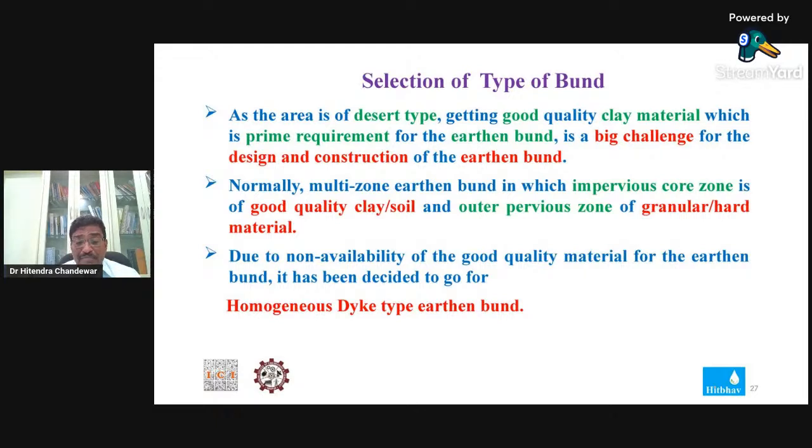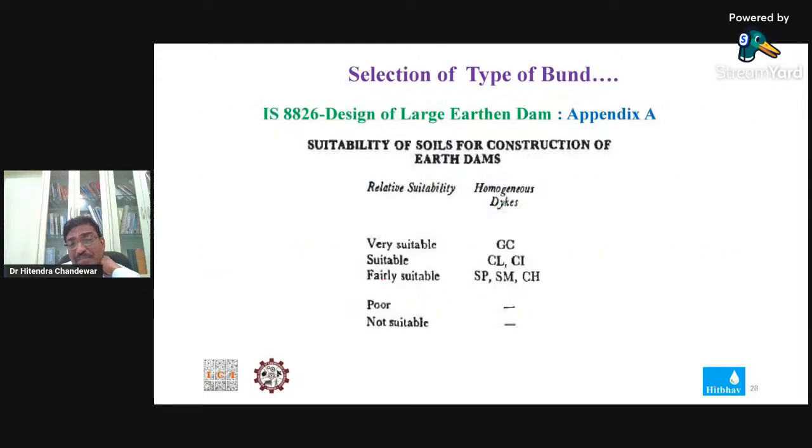And then further, the design criteria are different. The code, IS 8826, on design of earthen dams, in Appendix A has given the suitability of the type of soil. It was clearly mentioned that for a homogeneous dam, when the material you find is GC, then it is very suitable.